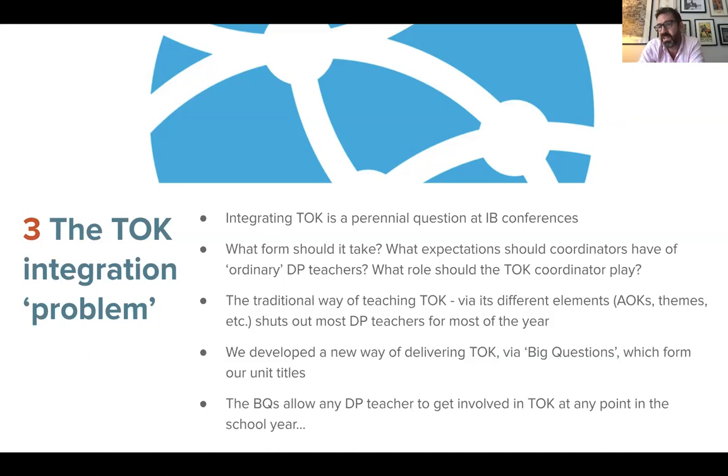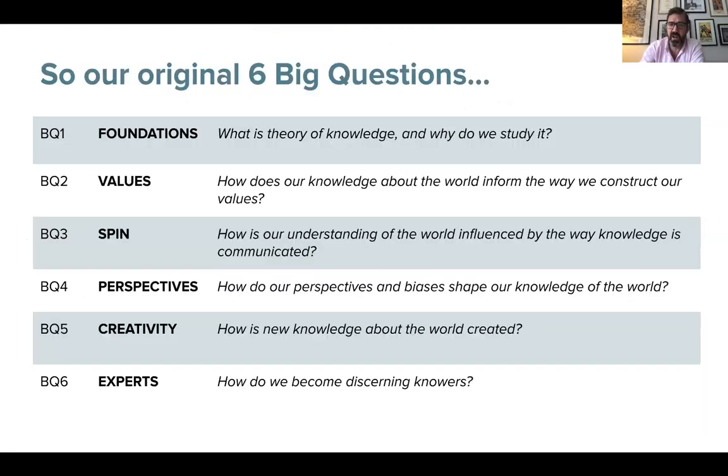As a mathematics teacher, how do I get involved during those 3 or 4 weeks when history is being covered? As a biology teacher, how do I get involved when religion is being discussed for 3 or 4 weeks? So I have developed a different way of delivering TOK via big questions, which form the unit titles for TOK. And this allows any DP teacher to get involved in the course at any point in the school year. So let me show you what that looks like.